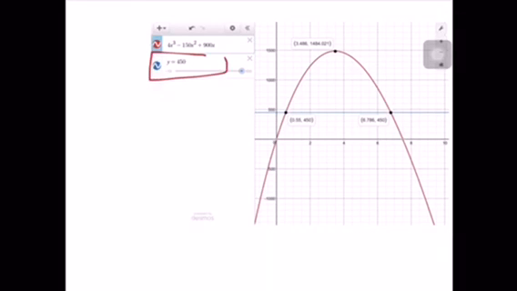We drew another line for the 450 right here, as we can see in blue.